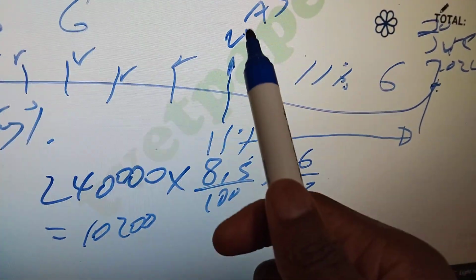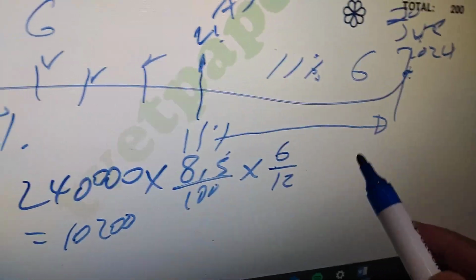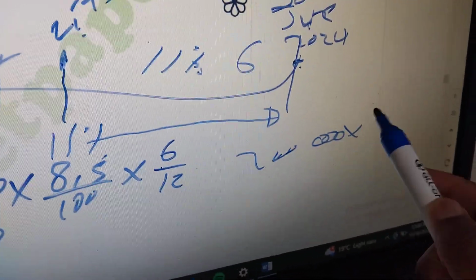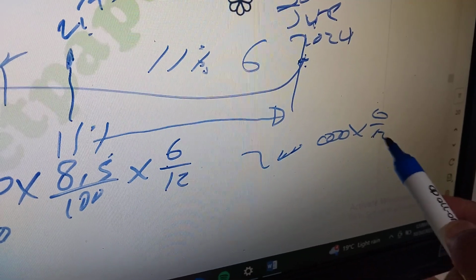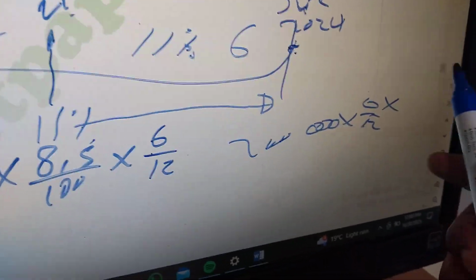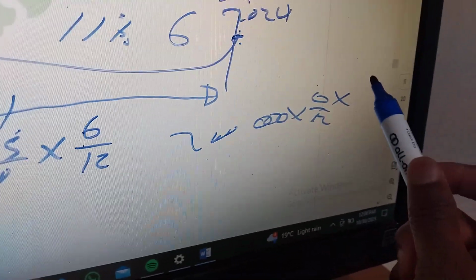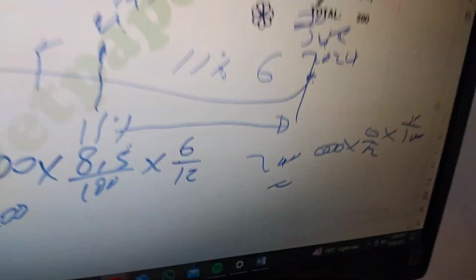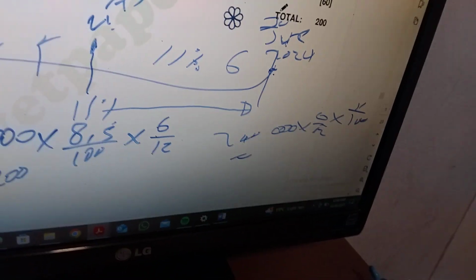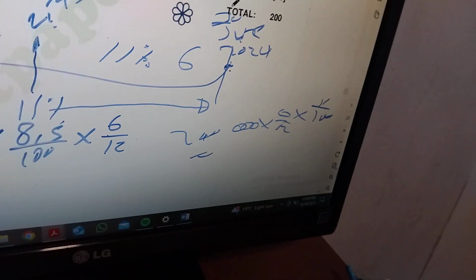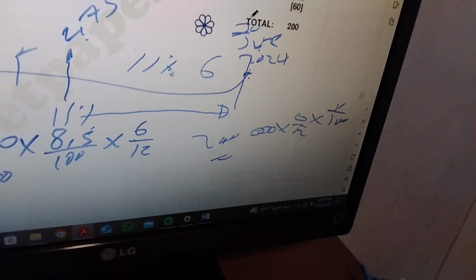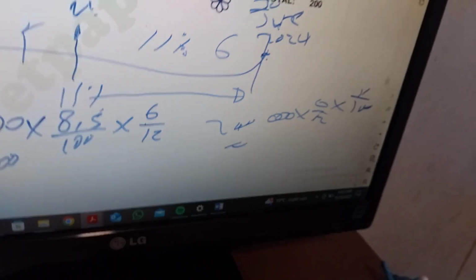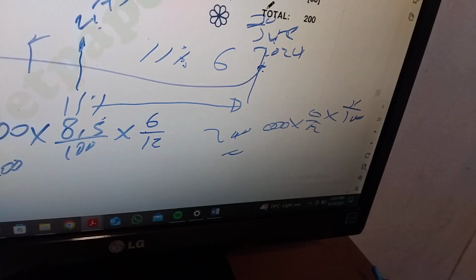So we're going to say 240,000 multiplied by 6 over 12, multiplied by 11 over 100. So that's how you're going to do it. 240,000 multiplied by 6 over 12 multiplied by 11 over 100.